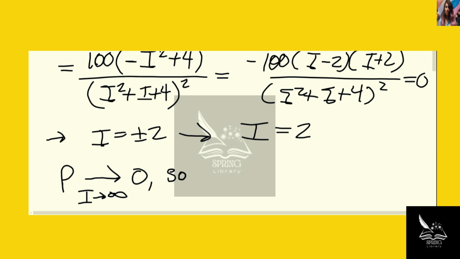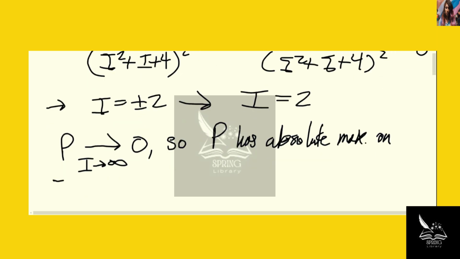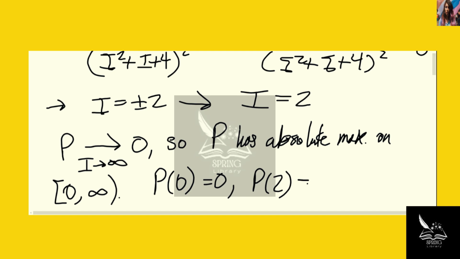So it follows that our function p has an absolute maximum on the interval 0 to infinity. So we simply have to test the value of p at 0. This is 0, and the value of p at 2.